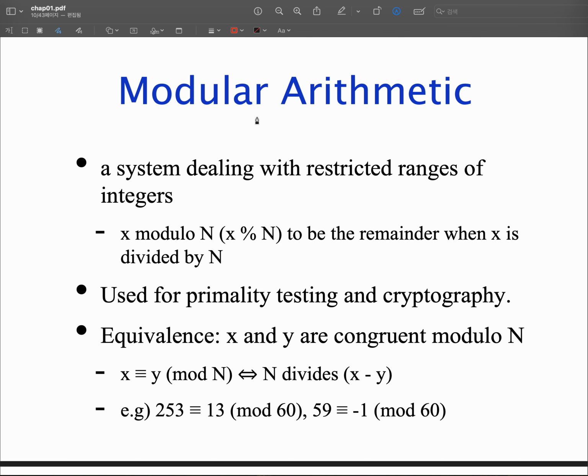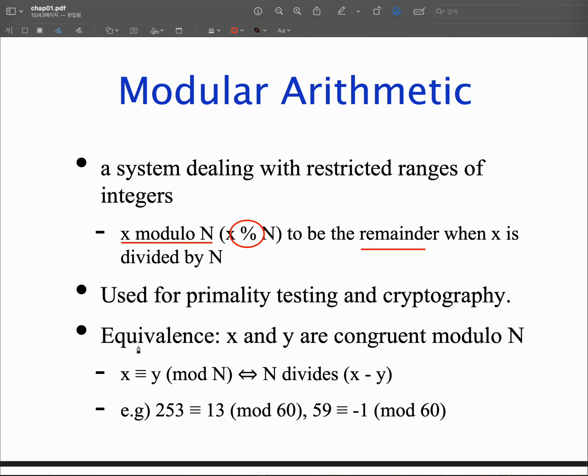So x modulo n, described using this percent symbol, is the remainder when x is divided by n. And that is used for primality testing and cryptography.